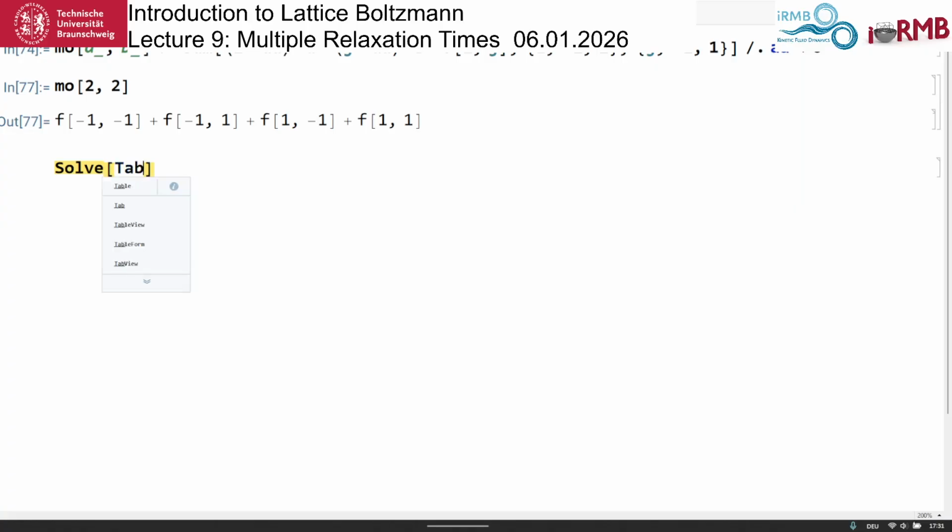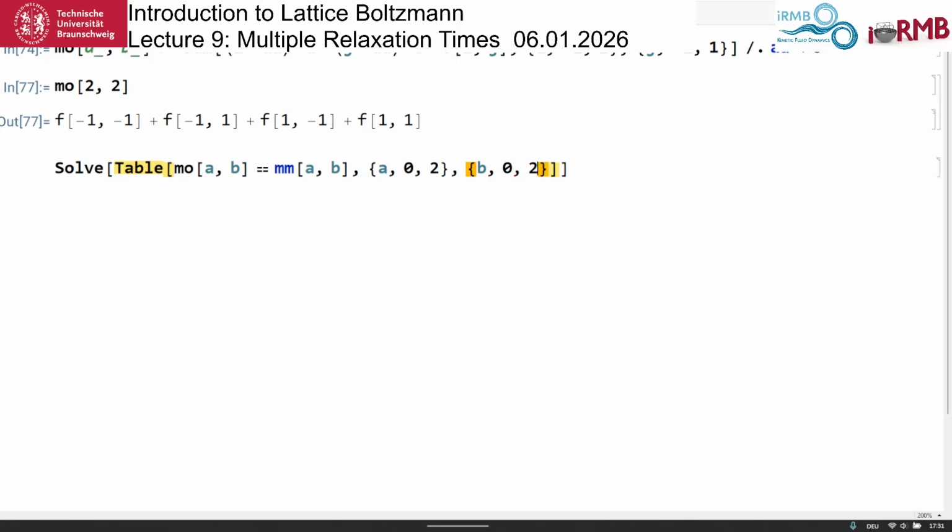Okay, we have to build our equations table, and what we are going to do is build the moments A and B, where A goes from 0 to 2 and B goes from 0 to 2.